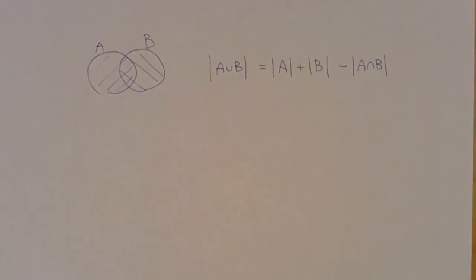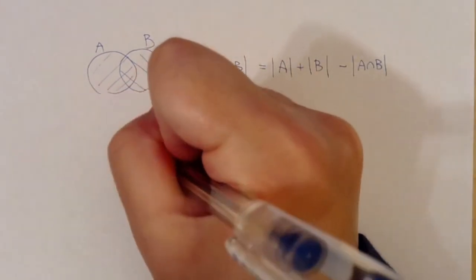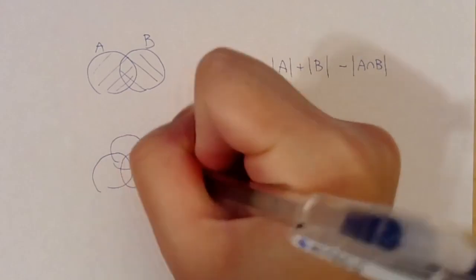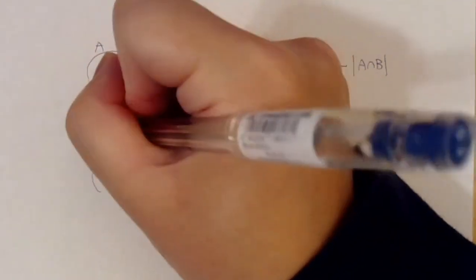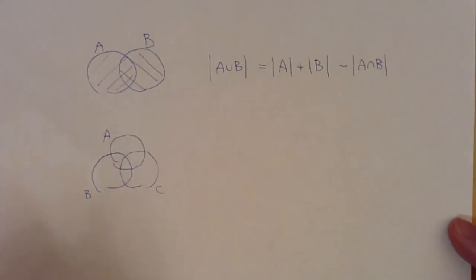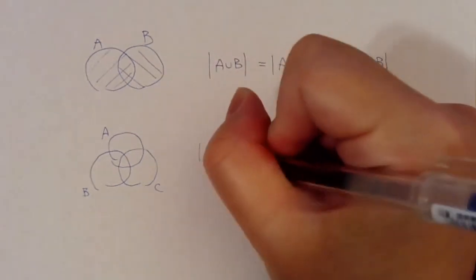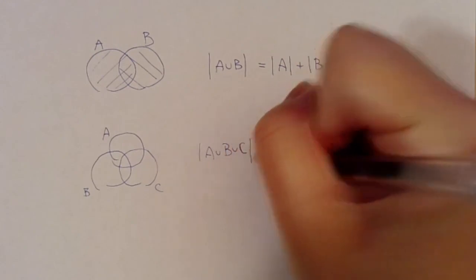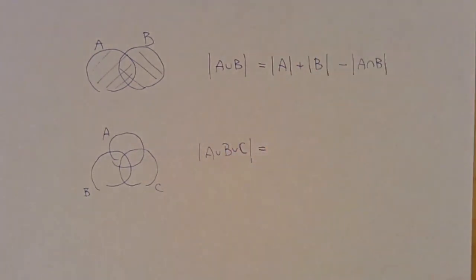So you know that. Now let's consider the case where we have three sets instead. Say A, B, C. And again, we're interested in looking at the size of the union of the three sets.